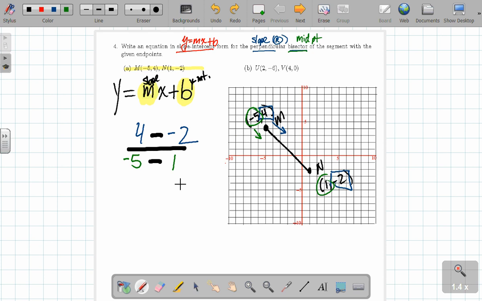It doesn't matter whether I did 4 minus -2 or -2 minus 4. What matters is the direction. Okay, guys, go ahead and do the math. Look up when you're done. Are you getting something?